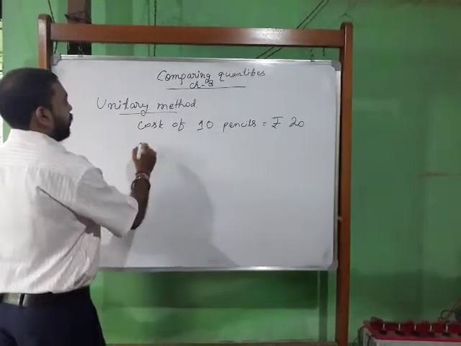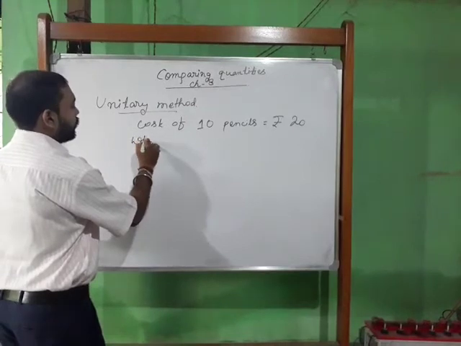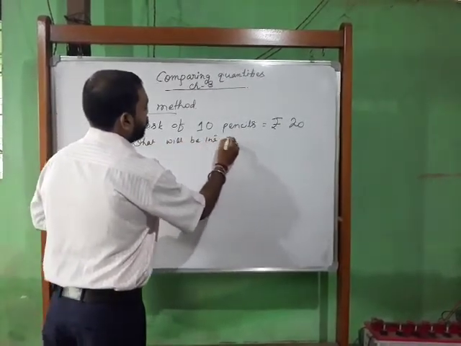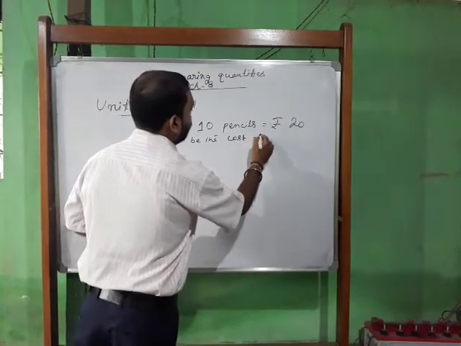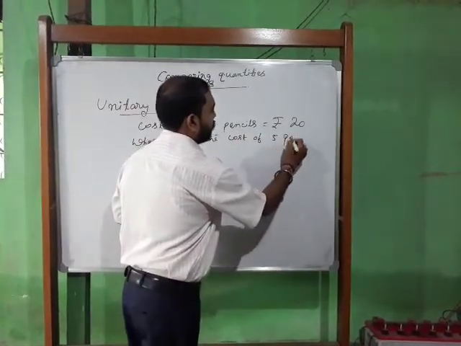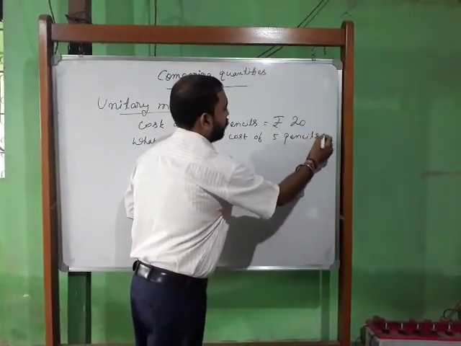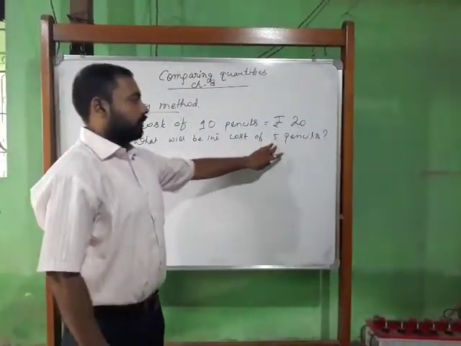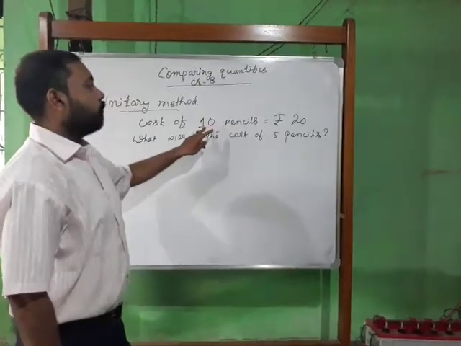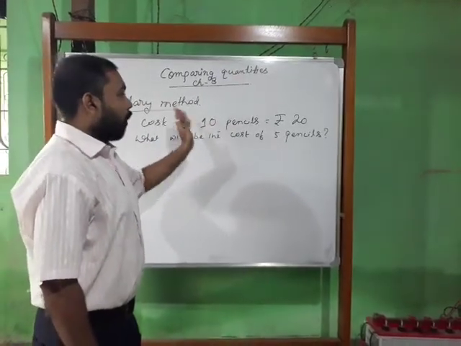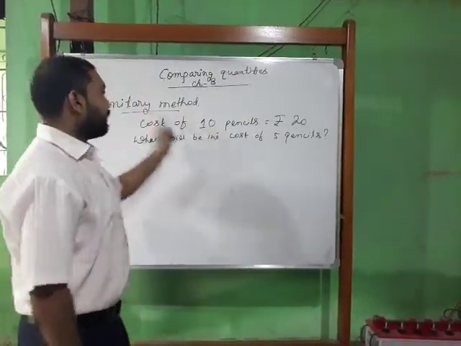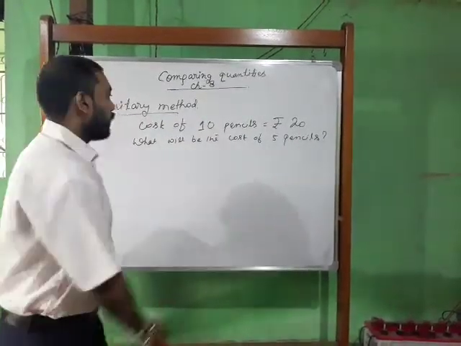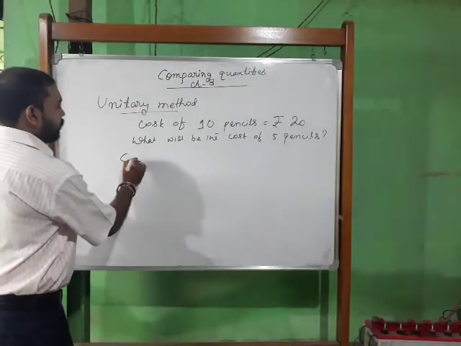So if I ask what will be the cost of 5 pencils? To calculate the cost of 5 pencils, at first we have to find the cost of 1 pencil. That is the unitary method says you have to bring to 1 unit. So how to find this?